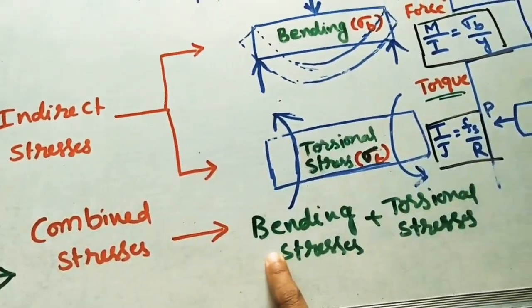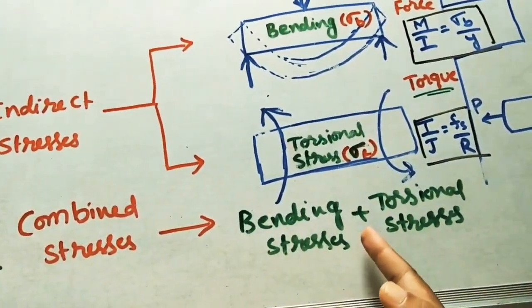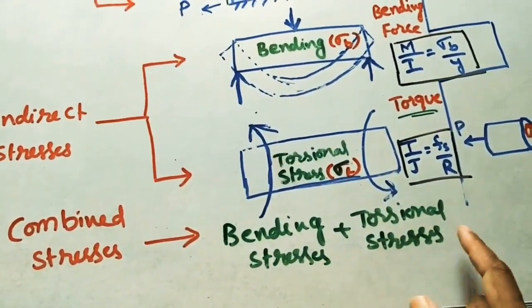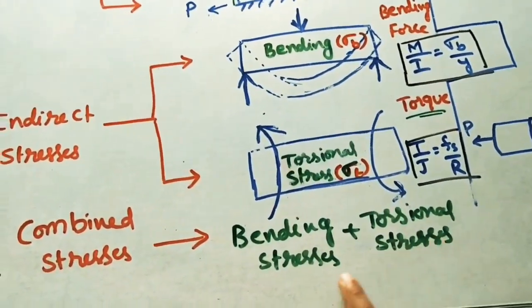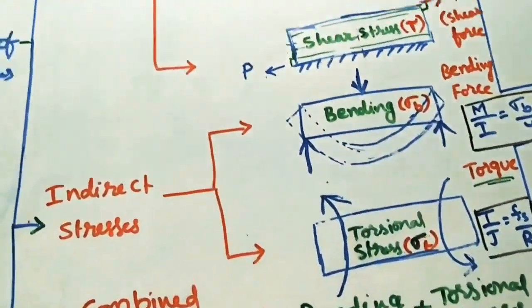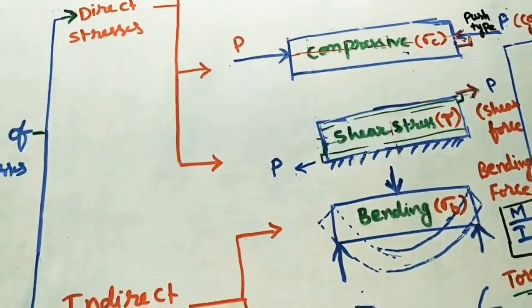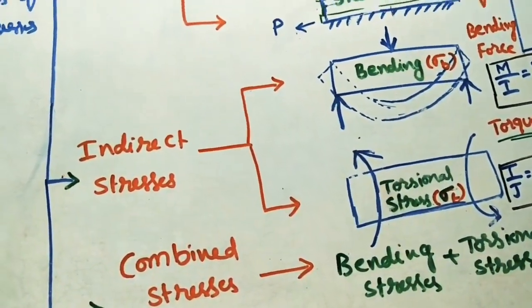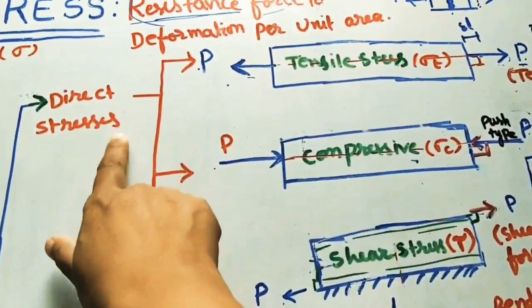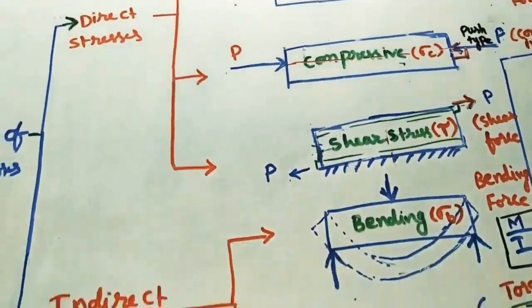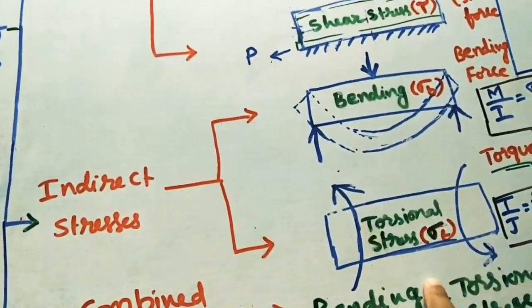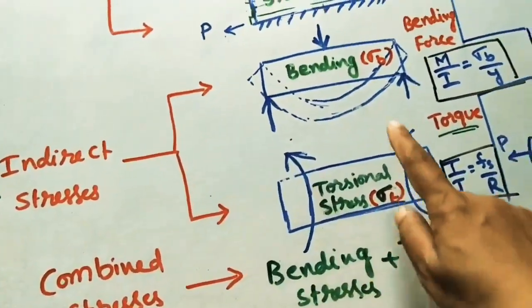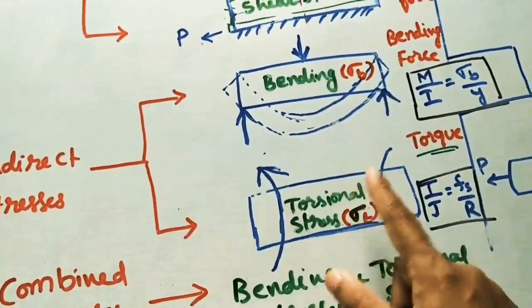Combined stresses means direct forces we are applying, and sometimes the body gets both bending stresses and torsional stresses. It is called combined stress. In all these three cases, the force we are applying on the body is direct force, but in the indirect cases the stresses develop indirectly to the direct force. In combined, both bending and torsional stresses will develop.